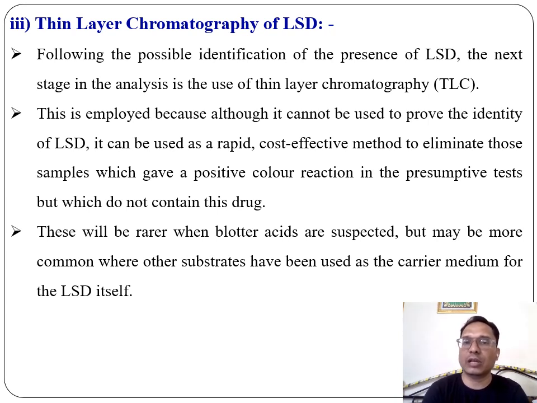It can be used as a rapid, cost-effective method to eliminate those samples which gave a positive color reaction in the presumptive test, but which do not contain this drug. These will be rarer when blotter acids are suspected, but may be more common where other substrates have been used as the carrier medium for the LSD itself.